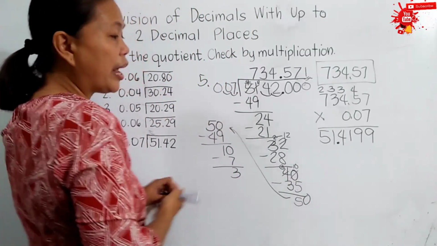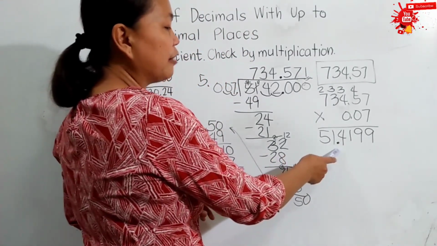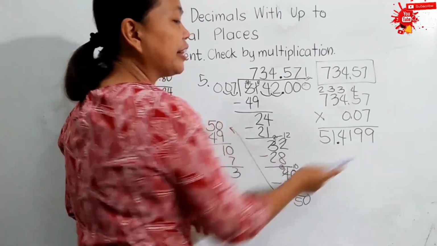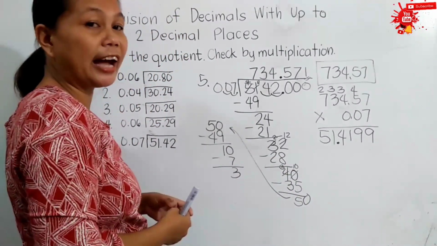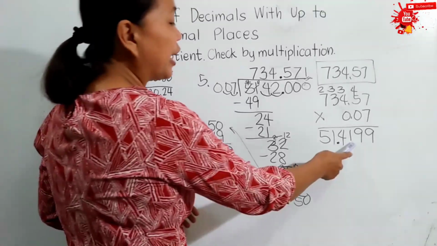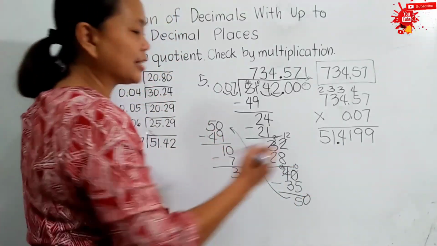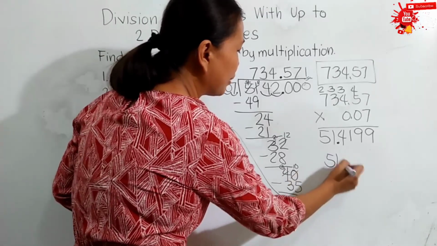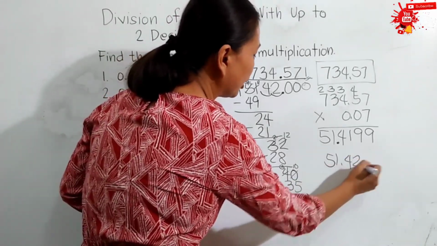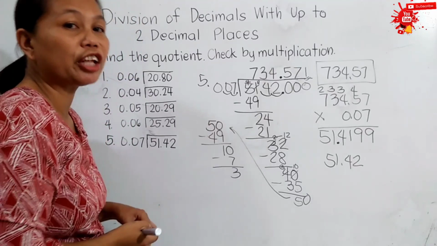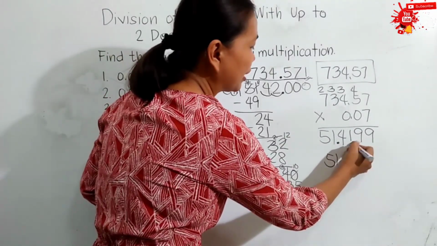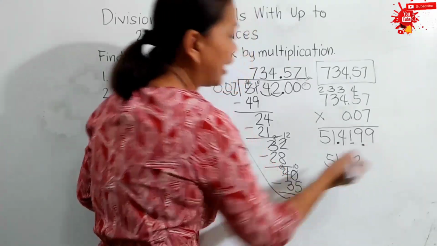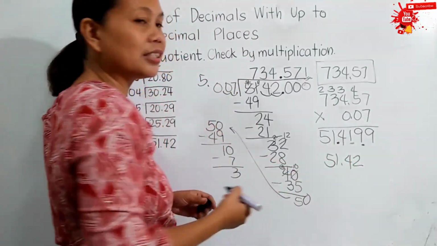So that's why we have here 51 and 4,199 10,000s. Pero dahil nag-round off nga tayo, so pag ni-round off natin to sa 2 decimal places, ang magiging sagot natin ay 51.42 or 51 and 42 hundredths. Pag ni-round off natin, kasi i-round off natin si 1 at ang sinusundan niya ay 9, kaya magdadagdag tayo ng isa.